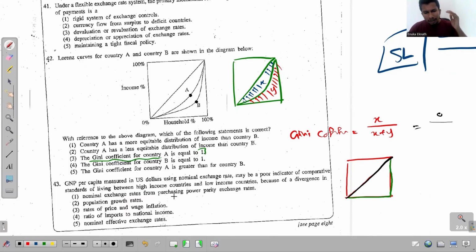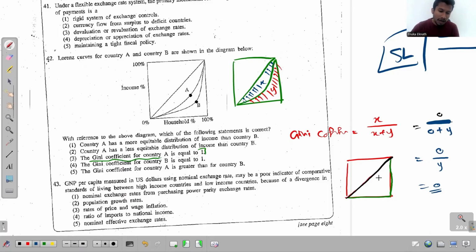The Lorenz curve is exactly on the equidistributed line, so there's no region X, that's 0. But the region Y will be whatever the value. It doesn't matter how much. Then what will happen in this equation? 0 divided by whatever the value, and the answer is 0.